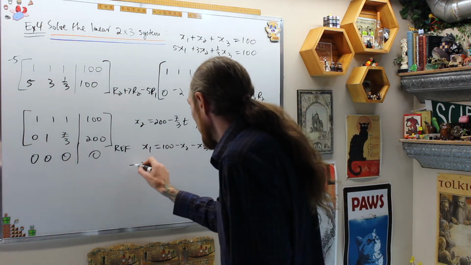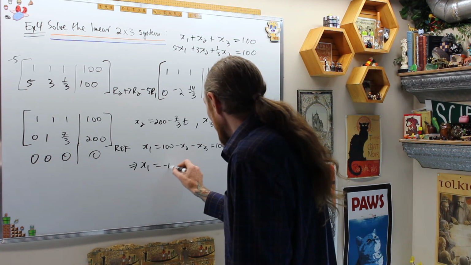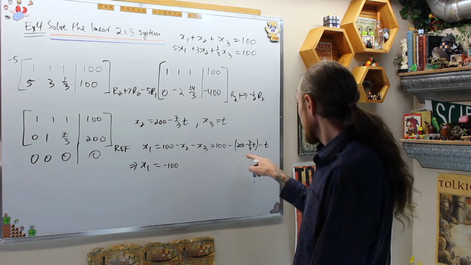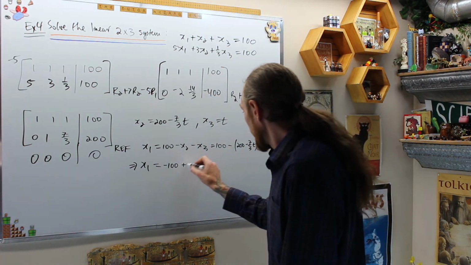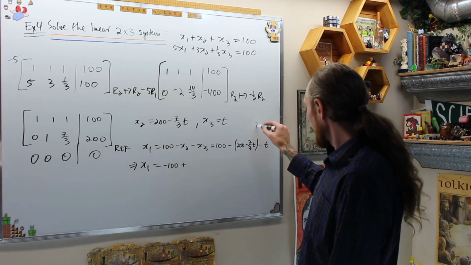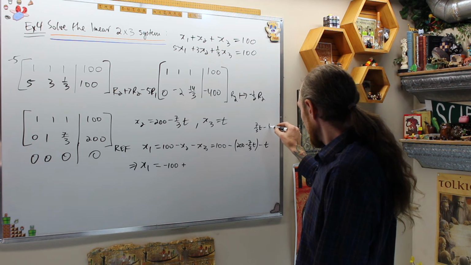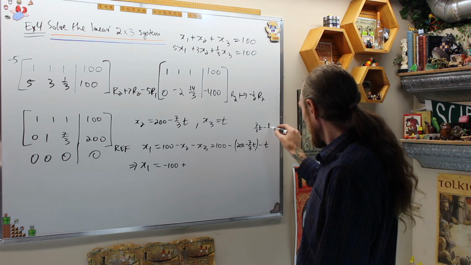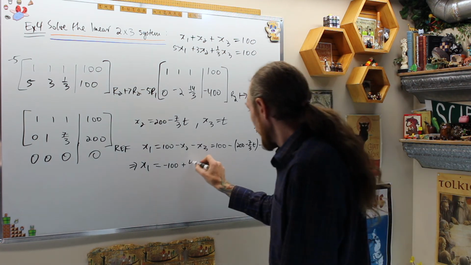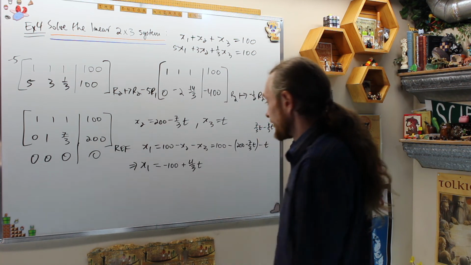So x1 is equal to negative 100 plus, I have 7 over 3 t minus 3 over 3 t, so 4 over 3 t.